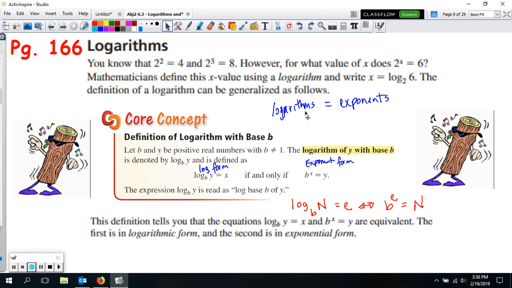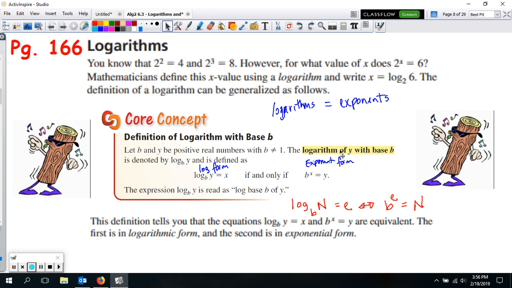Logarithms equal exponents. That's the number one thing you want to remember from this lesson, that logarithms equal exponents. As we go through this, you need to continue to keep that in mind.